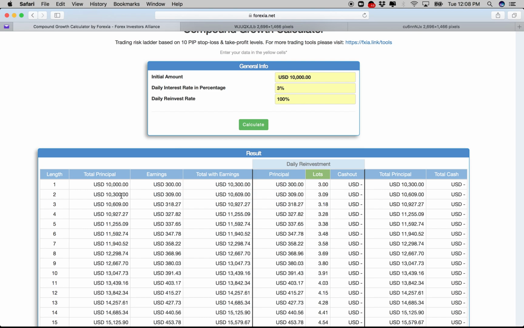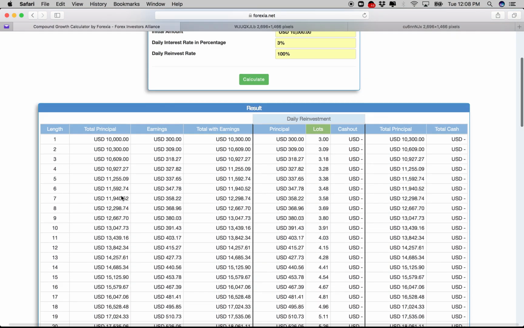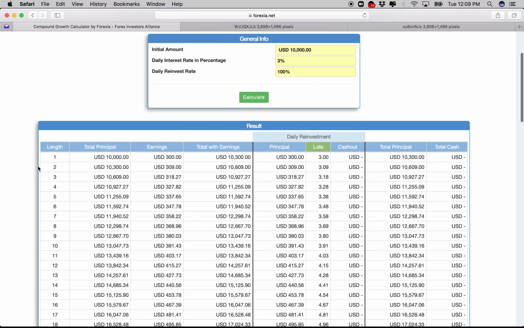Now, the beauty of this system is that, at least for me personally and my students, we don't use a 1-to-1 risk-reward ratio. That means that we can jump these levels. We don't have to go from 1 to 2, 2 to 3, 3 to 4.